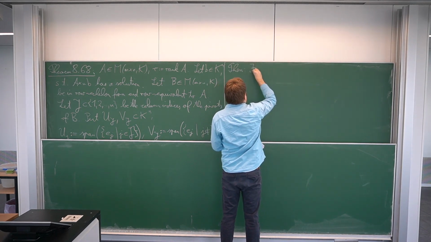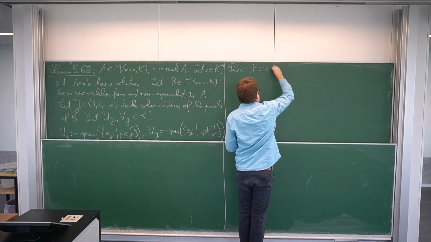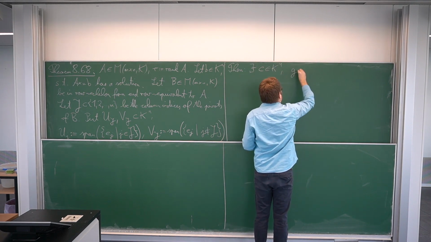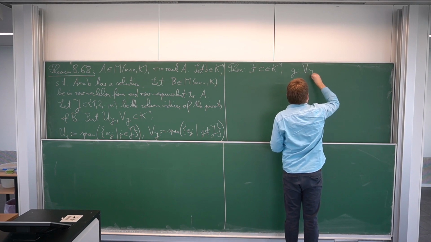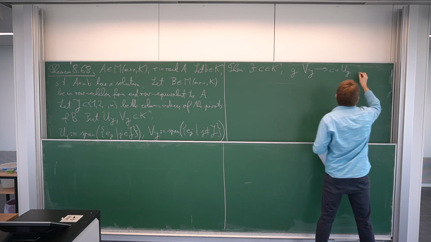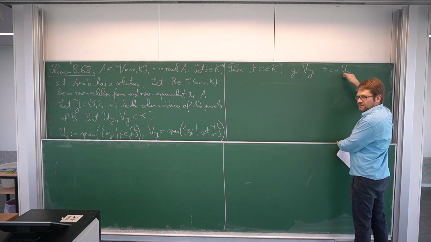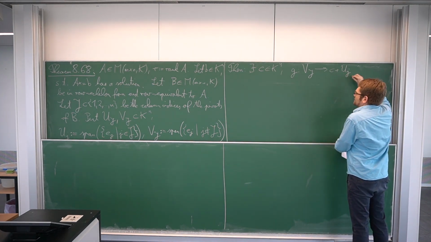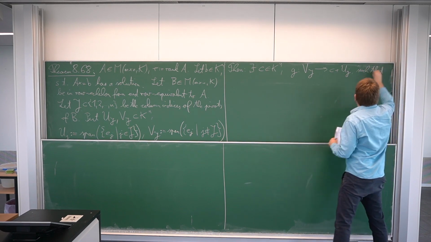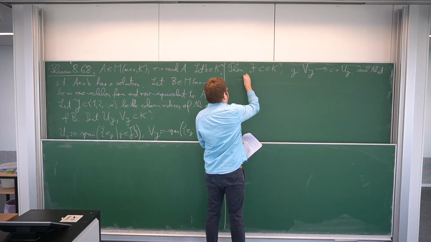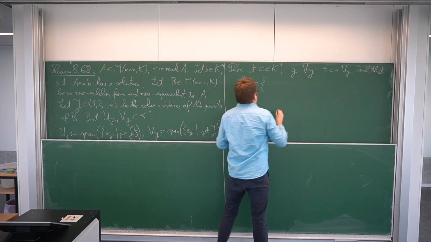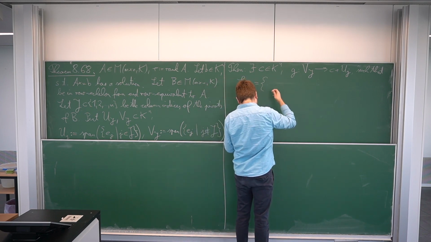There exists some c in k^n and a map g which goes from V_J to the set of all c plus v, where v is in U_J, such that the solution set L(A,b) is given by all the solutions of the following form.